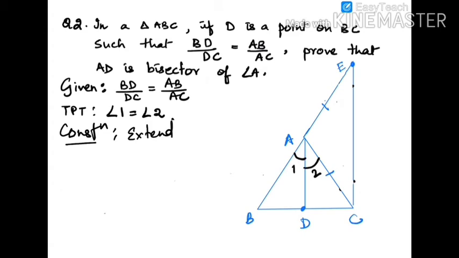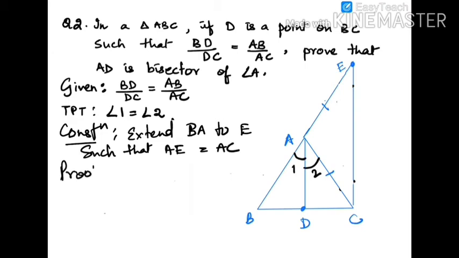Extend BA to E such that AE is equal to AC. And then we have to join E to C.